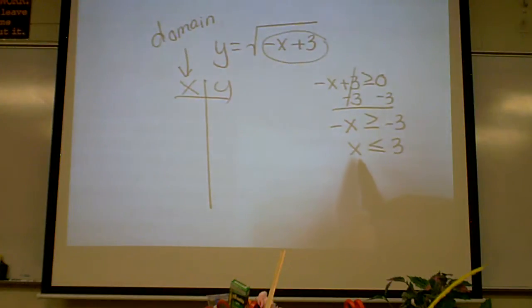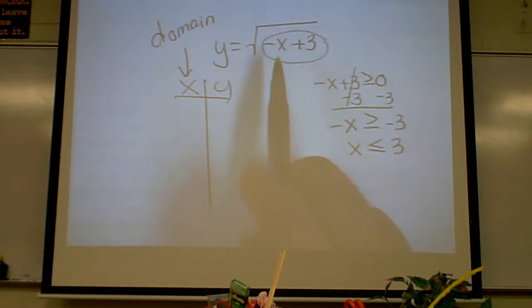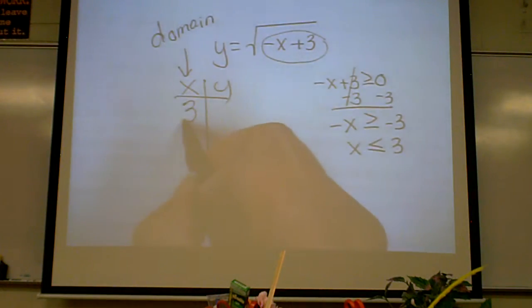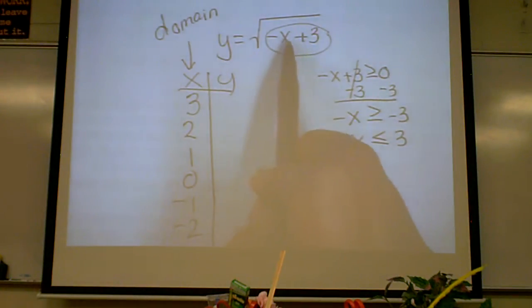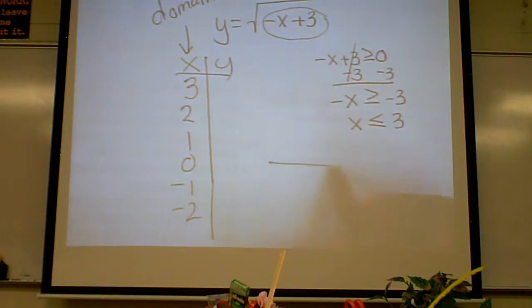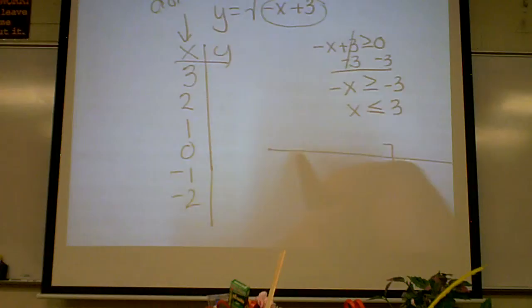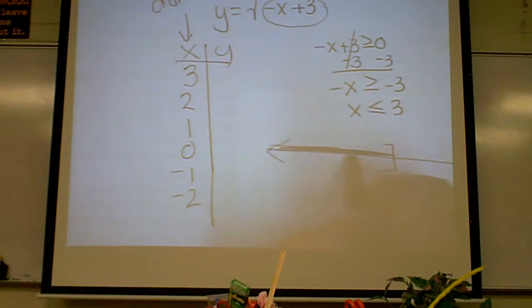So in other words, the numbers that you have to put in here are 3, 2, 1, 0, negative 1, negative 2. This is telling you that these numbers will give you a positive number under the radical. So from 3 to negative infinity, this is your domain. Does this make sense?